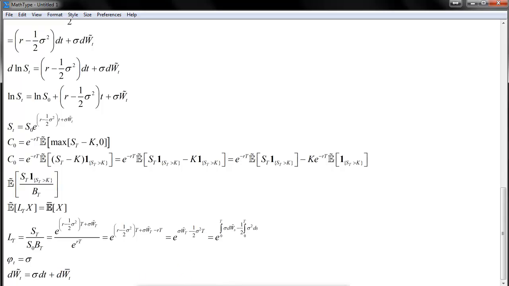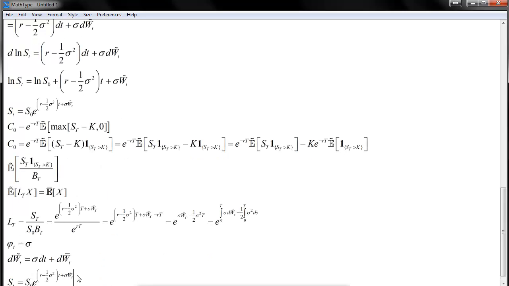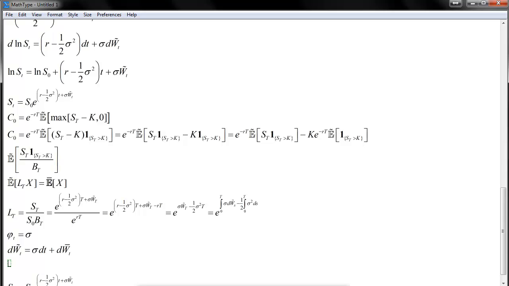Okay, and if I take the dynamics, the previous dynamics, and I again substitute, well, this can be also rewritten without the differentials basically. So this is equal to sigma t plus this term.